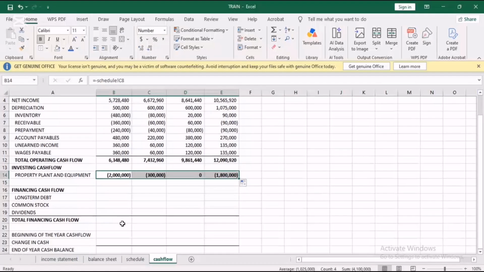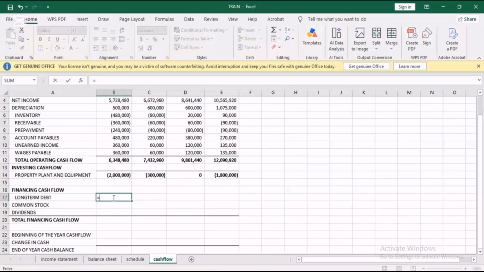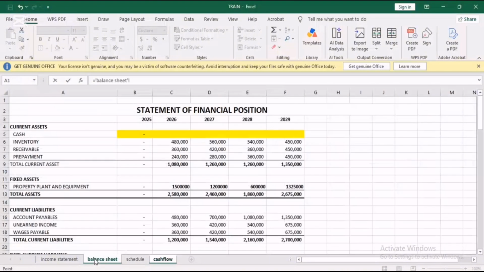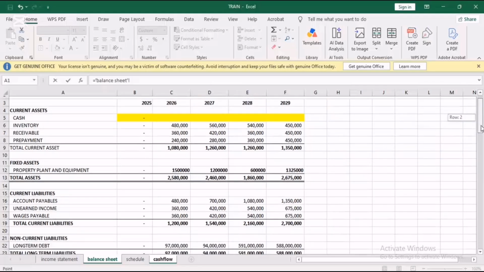So we're coming to the end of this in a short while. So let's see the long-term debt. As well, we're going to apply the same thing we applied on liability, right? So we hit equal to, go to the long-term debt, we select, okay, let's scroll down so that we find it.